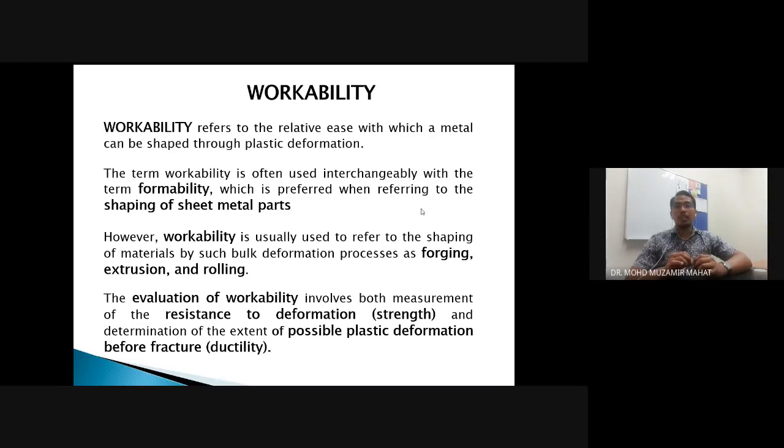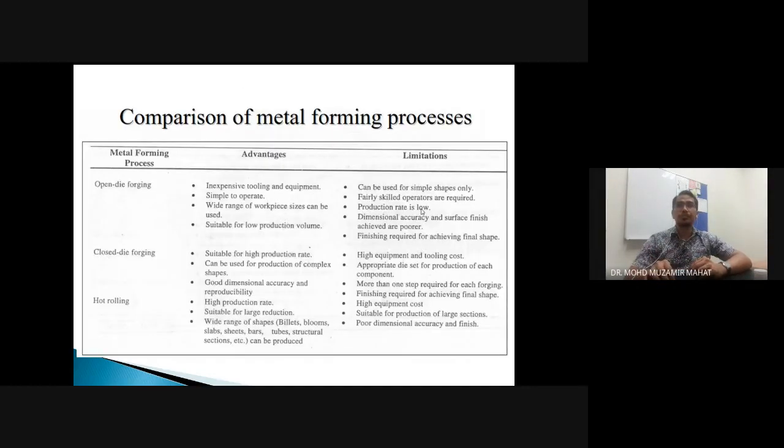However, workability is usually used to refer to the shaping of materials by bulk deformation processes such as forging, extrusion, and rolling. The evaluation of workability involves both measurement of the resistance to deformation, which is the strength, and determination of the extent of possible plastic deformation before fracture, which is the likelihood.